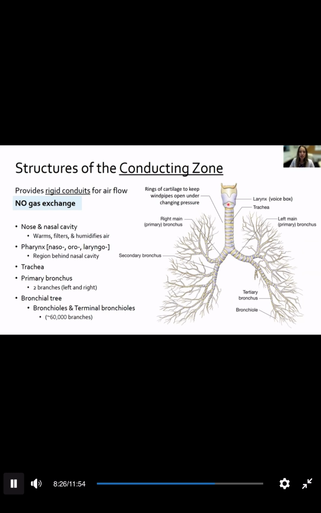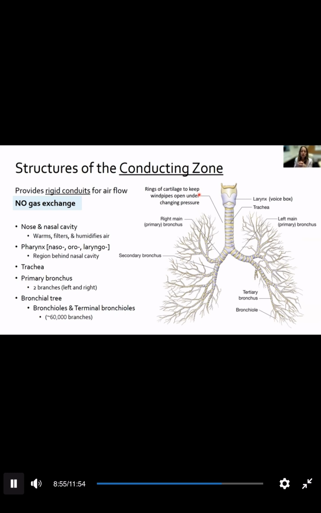All right, so the trachea is the first thing other than the larynx, which is our voice box, that is pictured here in this diagram. The trachea, and also certain other bronchus and bronchioles down here, are going to have cartilage that ring these areas in order to keep the windpipes rigid, relatively flexible, but still rigid, so that when there's low pressure, they don't just collapse.